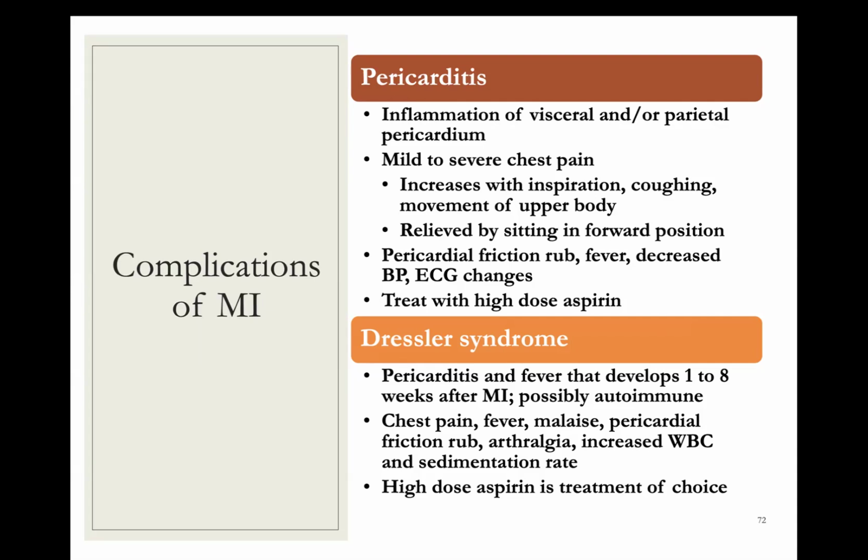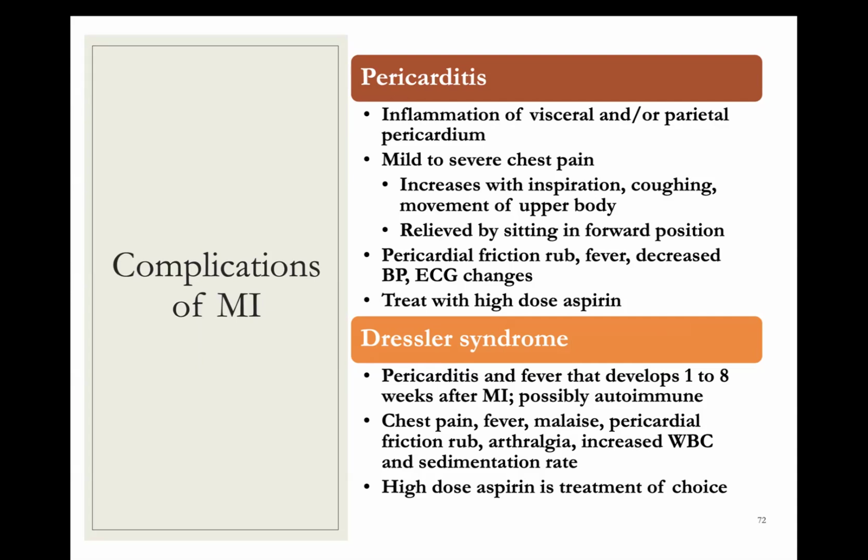So it produces this sound that we call a friction rub that we listened to in one of the previous lectures. And it can create a situation where the patient has very poor cardiac output because of the physical space restrictions put on the heart.